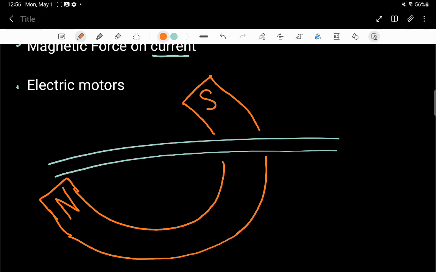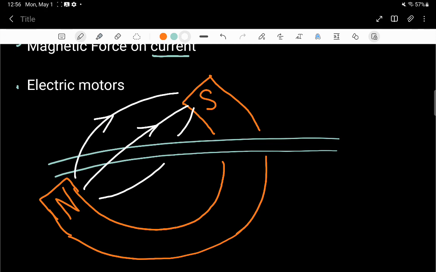And in the previous video, I described that the magnetic field lines emerge out of the north pole and go over to the south pole. So for example, here is a magnetic field line, and here is another one, and here is another one like this. And they're all going from the north pole over to the south pole.